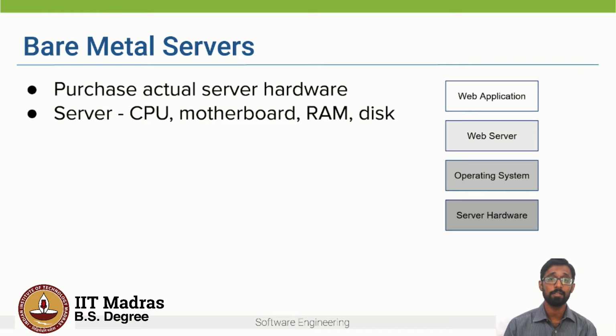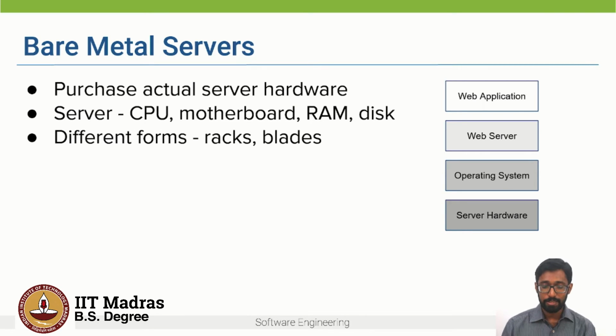And there are other features which are specific to server software and systems. Unlike desktop computers, they take different forms and they are more compact. For example, you have rack servers, you have blade servers. They occupy less space so that multiple servers can be arranged in a rack or a stack.